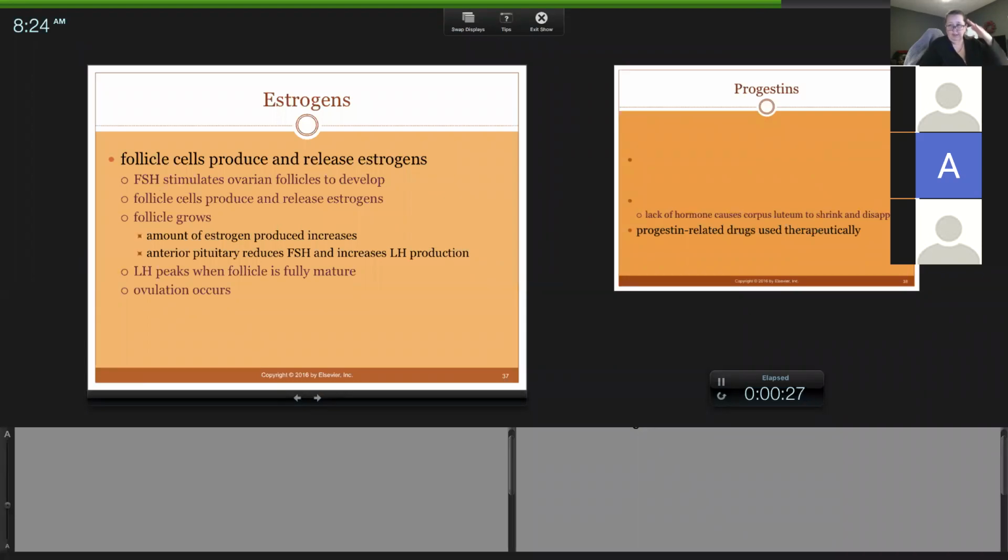So estrogen and the egg grow together. The bigger it gets, the more estrogen there is. What also happens is LH is going to start to grow. When LH peaks, and that's made in the pituitary, we know the follicle is mature, and then ovulation occurs. Ovulation is release of the ovum.